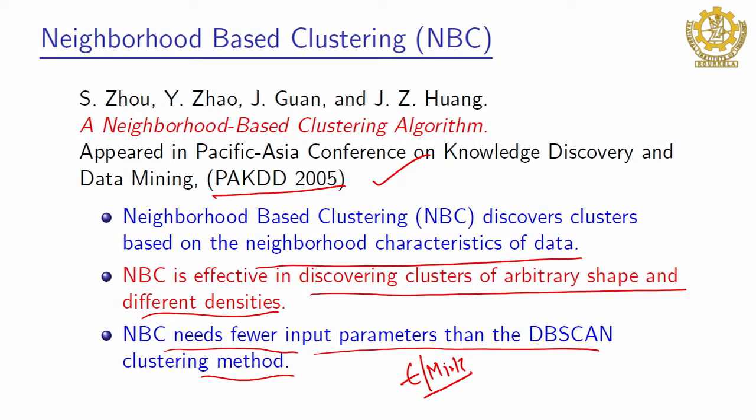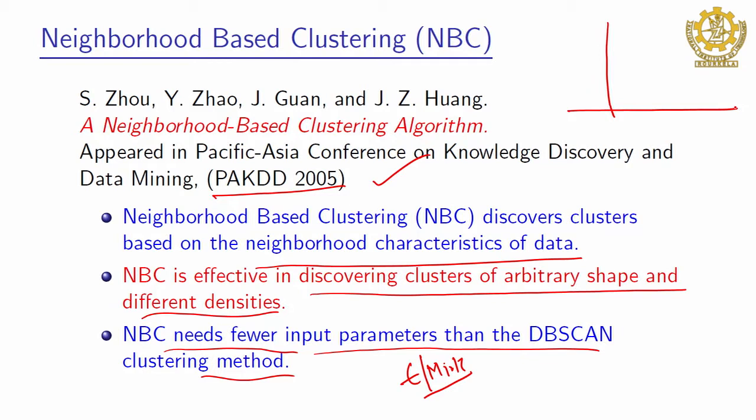Now we will see how DB-scan works. Before that, we will see how DB-scan works in some scenario, and then we will see how NBC works. Let us say we have an example with 4 points.